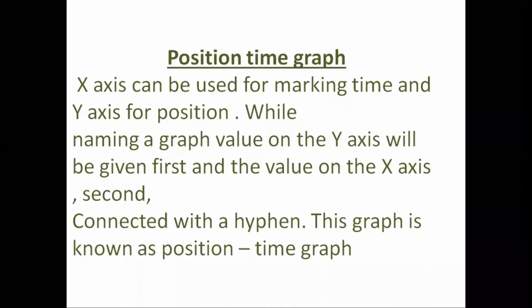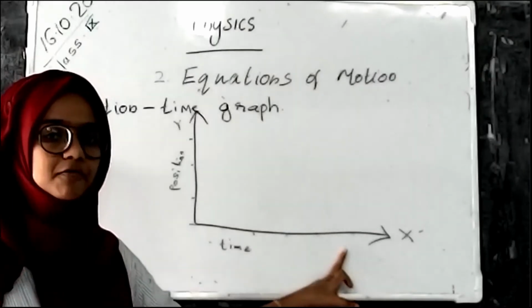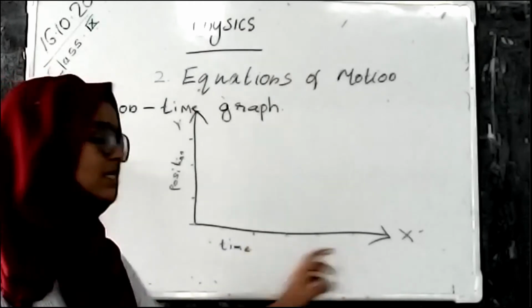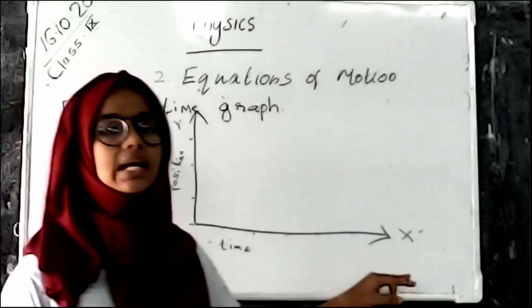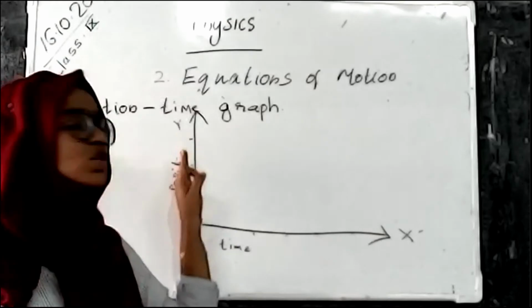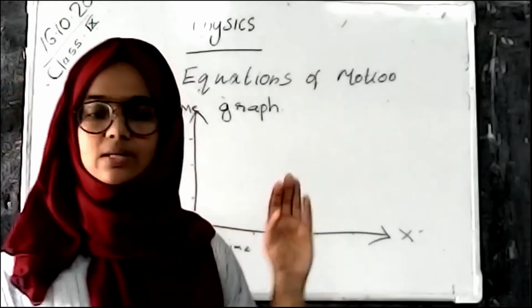While naming a graph, the value on the y-axis is given first and the value on the x-axis second, connected with a hyphen. This graph is known as the position-time graph.